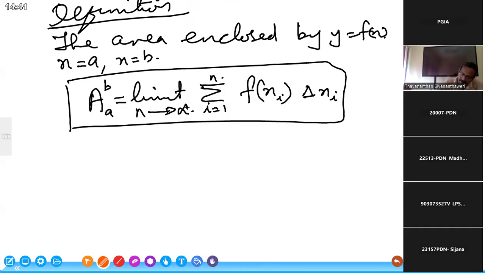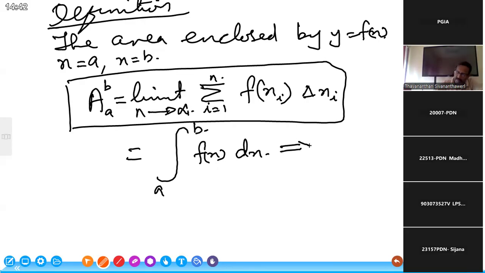Whatever is in the first equation can be summarized in the second equation. This is how we write the integration function.